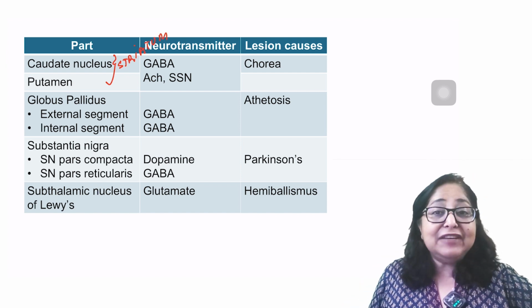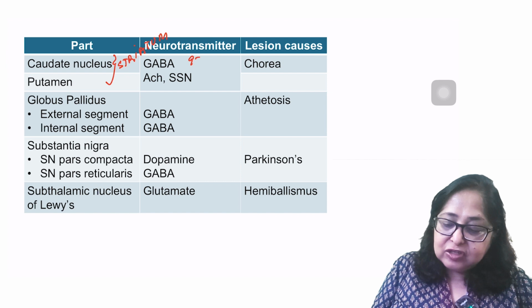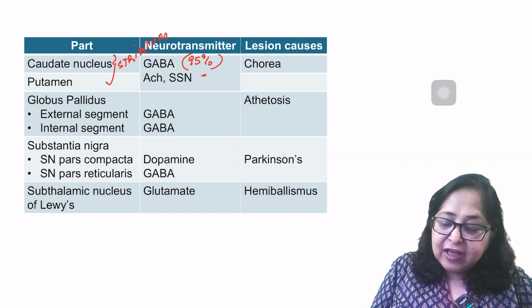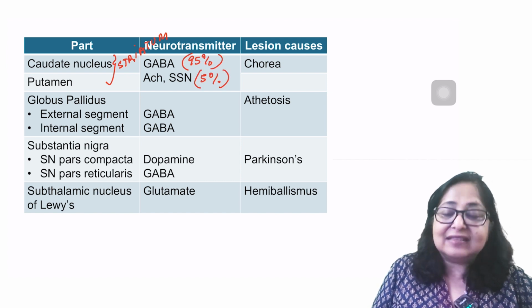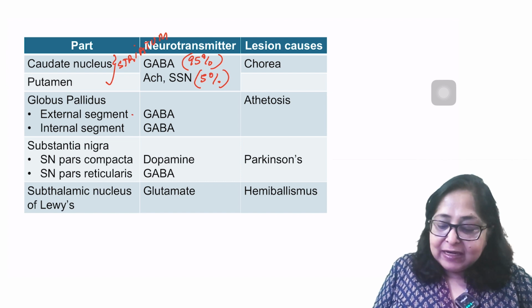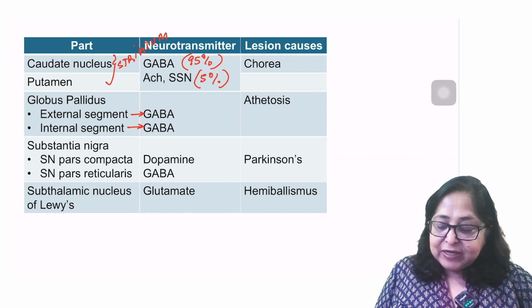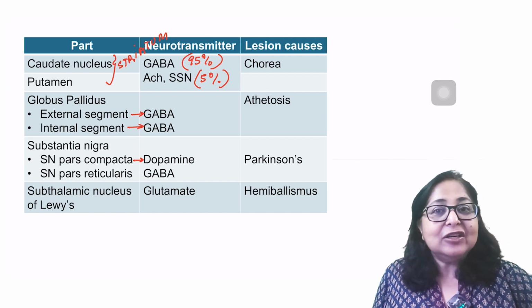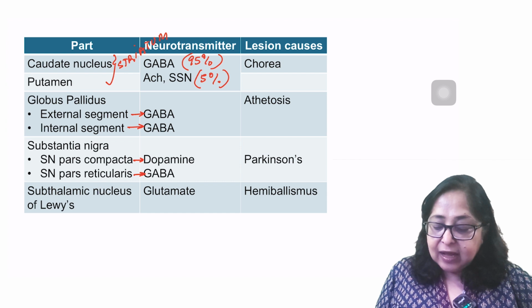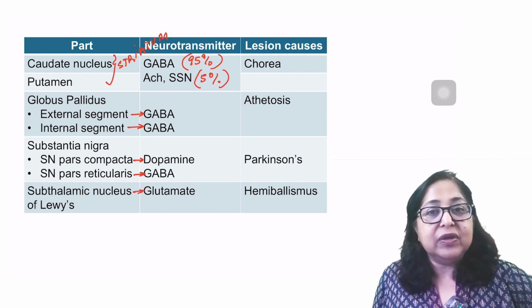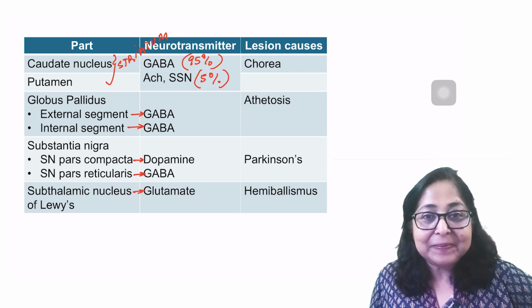And remember, 95% of the striatal neurons will secrete GABA and 5% secrete acetylcholine. Globus pallidus, external segment, internal segment, both secrete GABA. Substantia nigra, pars compacta, dopamine, pars reticularis, GABA, subthalamic nucleus of Luys, glutamate.